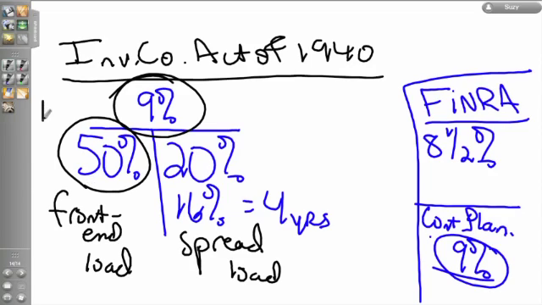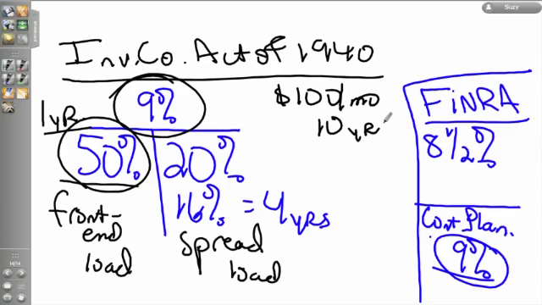So what this means is that of the amount invested in year one, the maximum sales charge that can be charged is 50%. So, for example, if the client, like I had said before, is going to invest $100 a month for 10 years, that's $1,200 a year.